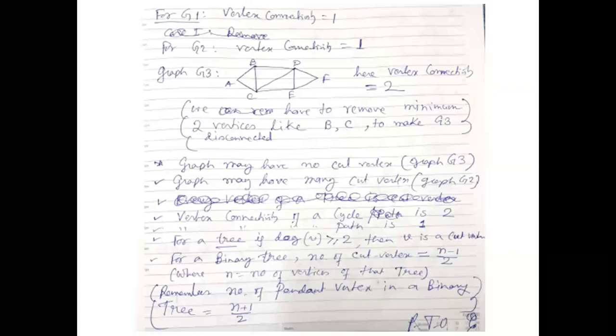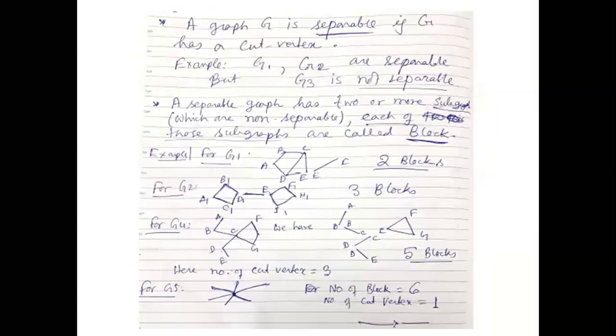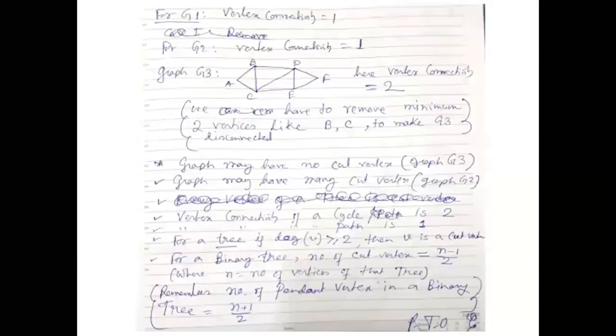Again, there is another term related to the cut vertex, called a separable graph. As well as the separable graph, we have to learn what a block is. A graph G is said to be separable if it has a cut vertex. For example, in our case, G3 is not a separable graph because it has no cut vertex.